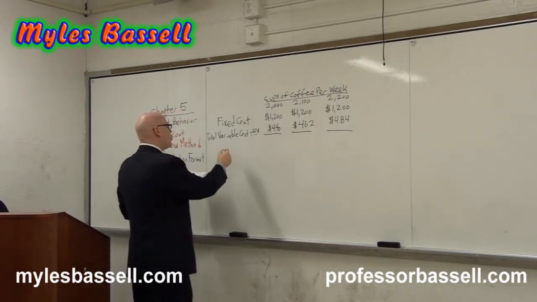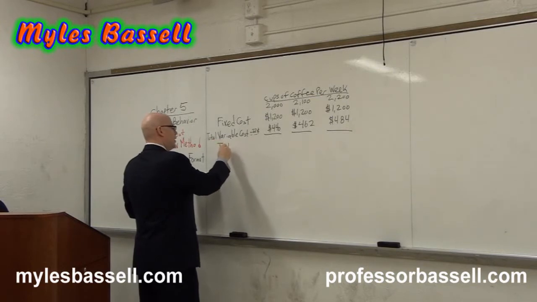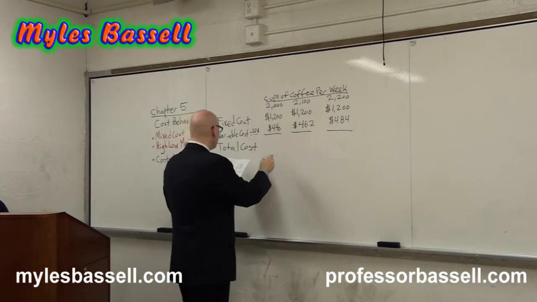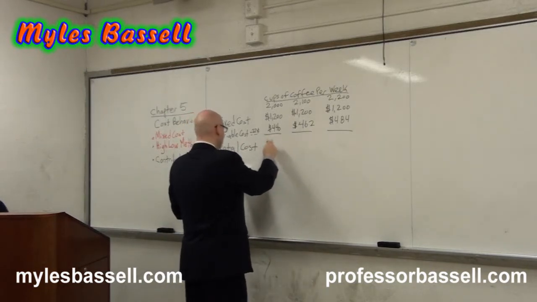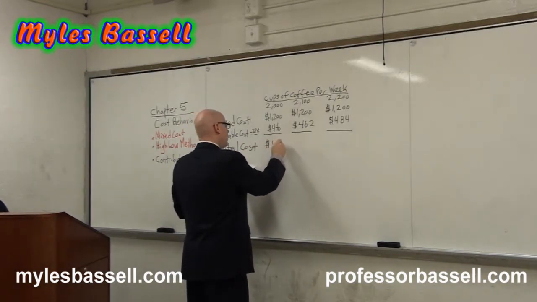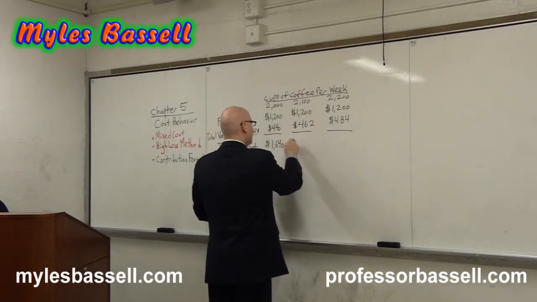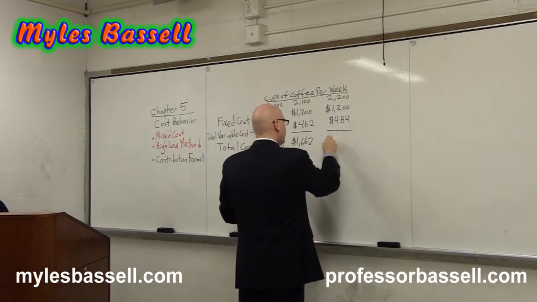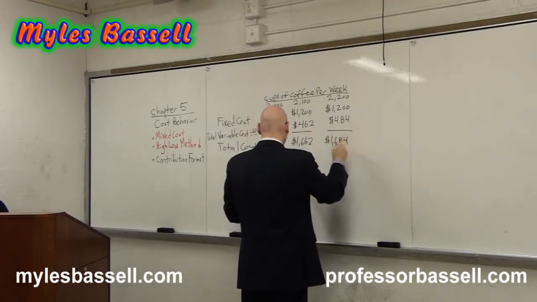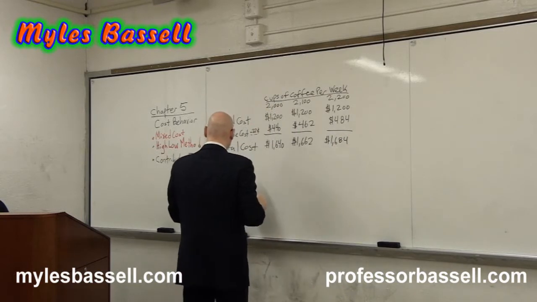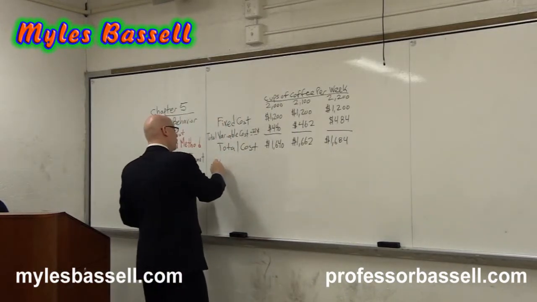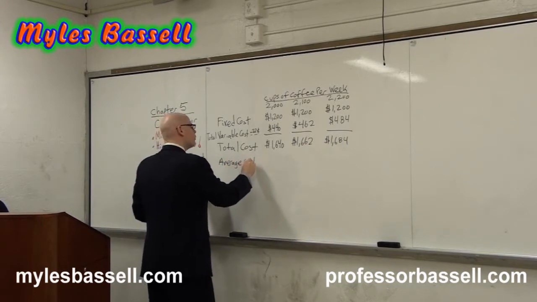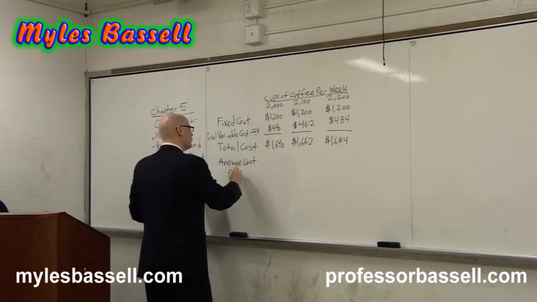All right, so let's see, what is our total cost? So our total cost is fixed cost plus variable cost, which is what? So 1640. All right, great. Now, what we're going to do is calculate the average cost per cup.